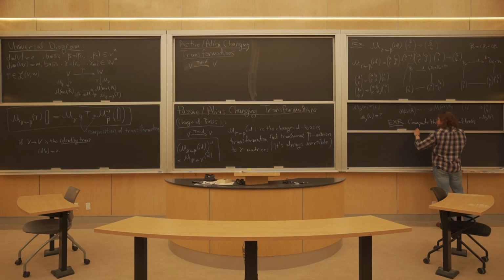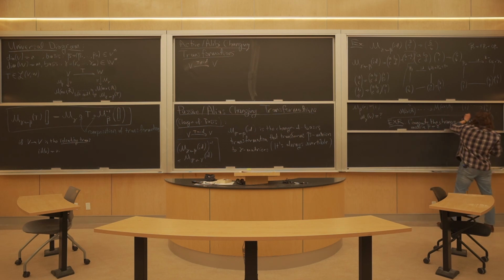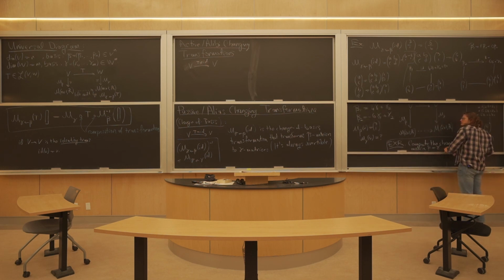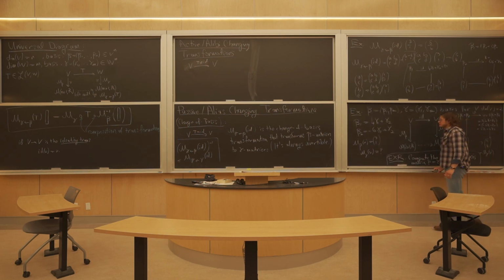Compute the change of basis matrix, gamma to beta. Any questions about this example?